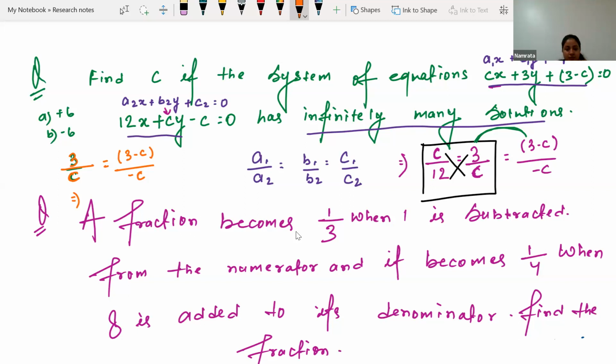Ma'am, 6. C will be 6. So basically 6 is the answer instead of minus 6, right? Yes, ma'am.